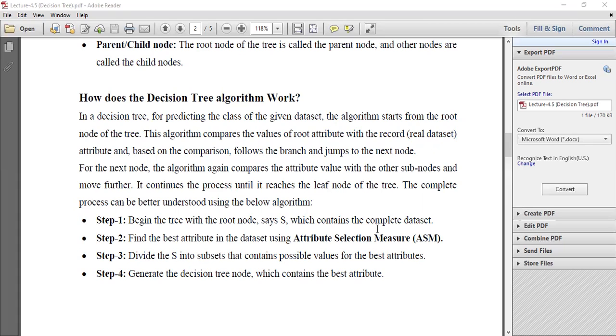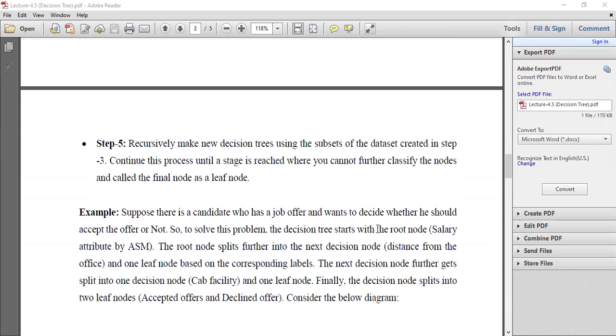Step 4, generate the decision tree node which contains the best attribute. And step 5, recursively make new decision trees using the subsets of the dataset created in step 3 and continue this process until a stage is reached where you cannot further classify the nodes, and call the final node a leaf node.